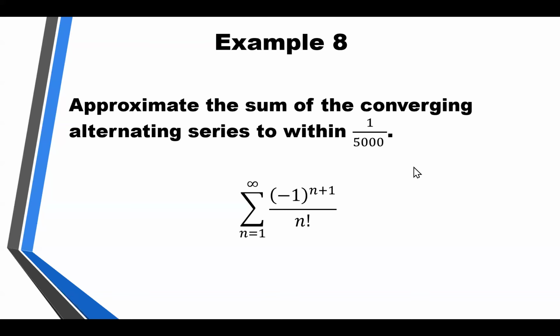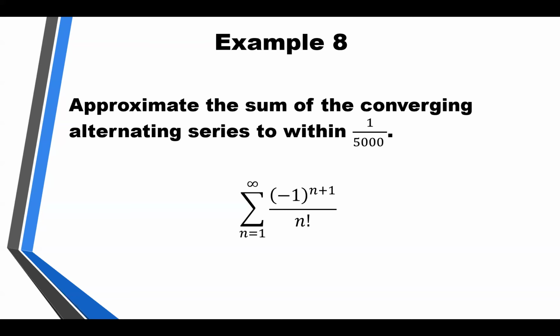Let's do another example. Let's approximate this sum to within 1 over 5,000 of the actual sum of the alternating series. This alternating series, we already have established that it converges.